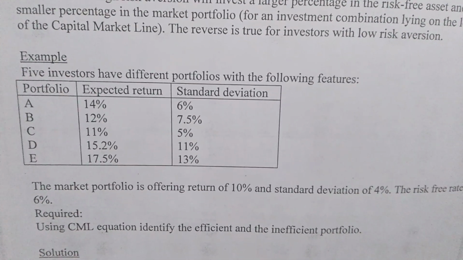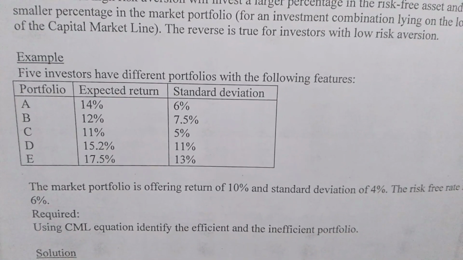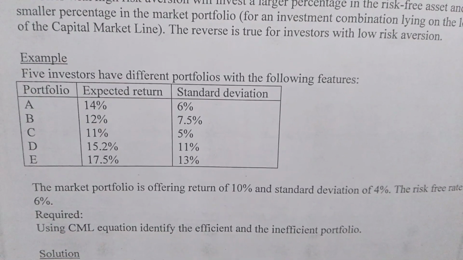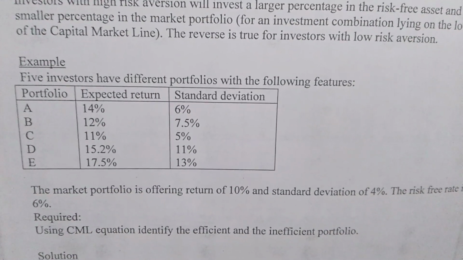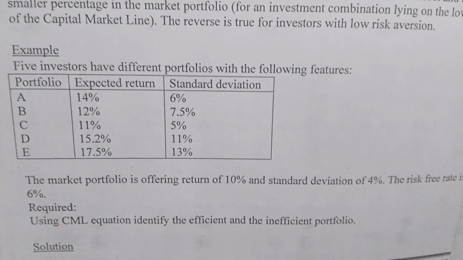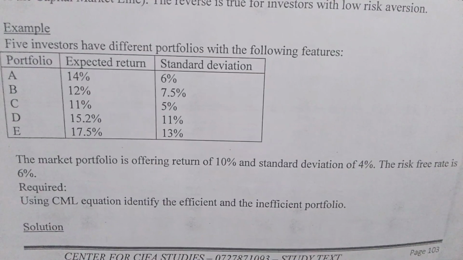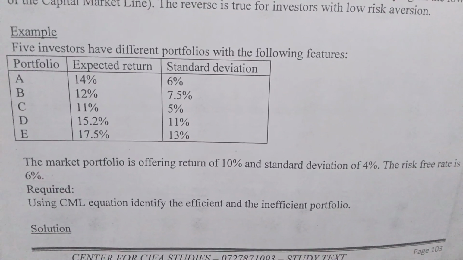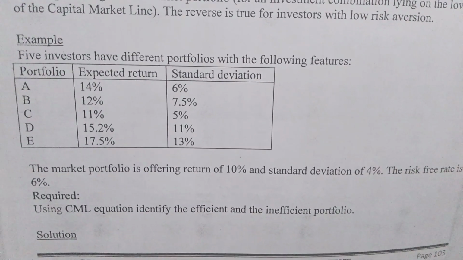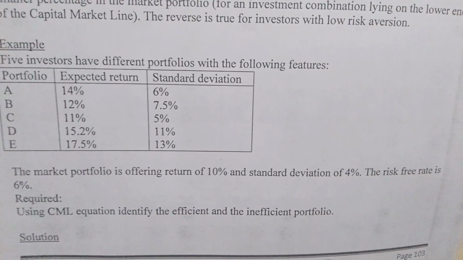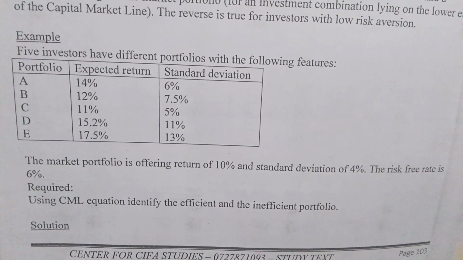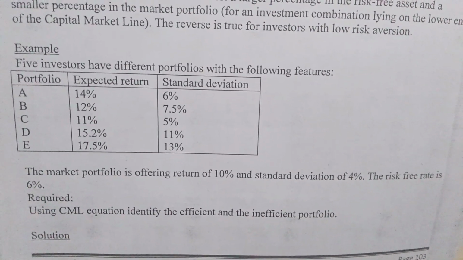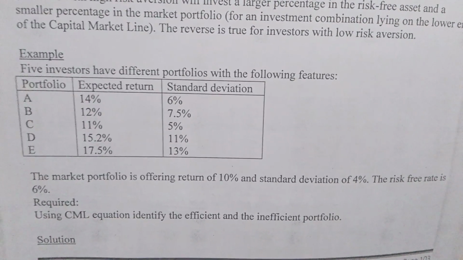The standard deviation for each portfolio has been given: 6% for A, 7.5% for B, 5% for C, 11% for D, 13% for E. The market portfolio is offering a return of 10% and standard deviation of 4%. The risk-free rate is 6%. Required: using the capital market line equation, identify the efficient and inefficient portfolio.